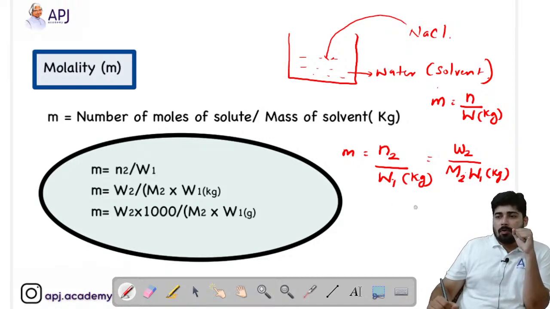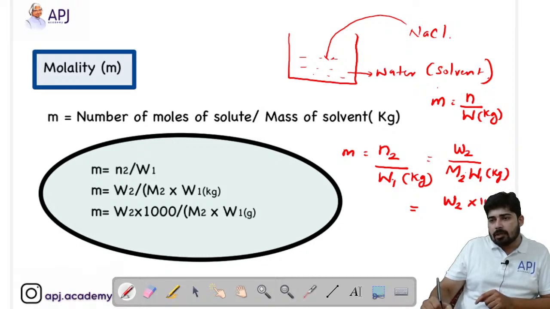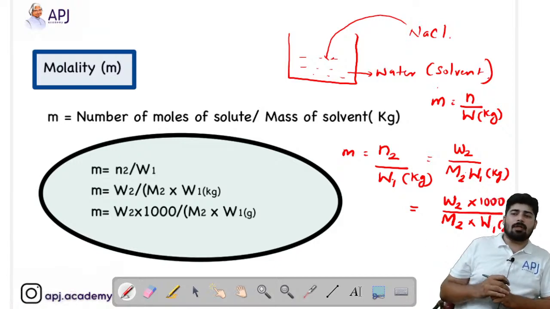Now if the weight is given in grams, then to convert into kilogram you have to divide by 1000, and that 1000 will go to the numerator. So your equation becomes W2 into 1000 divided by M2, the molar mass of solute, into W1, the weight of solvent in gram. If it is given in gram, then this is the formula you have to use.